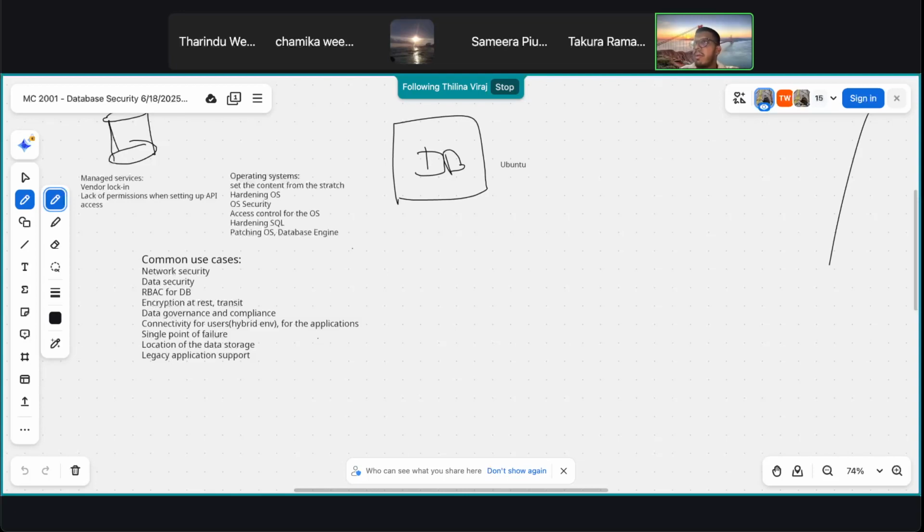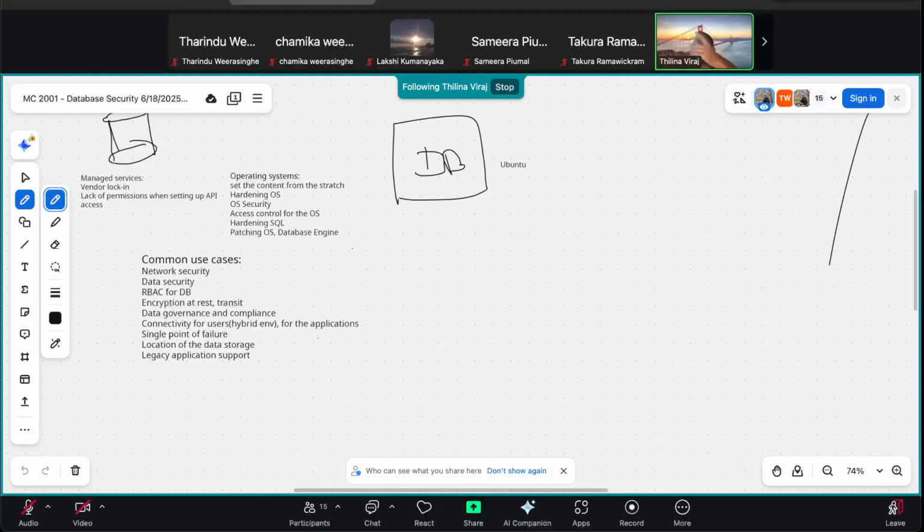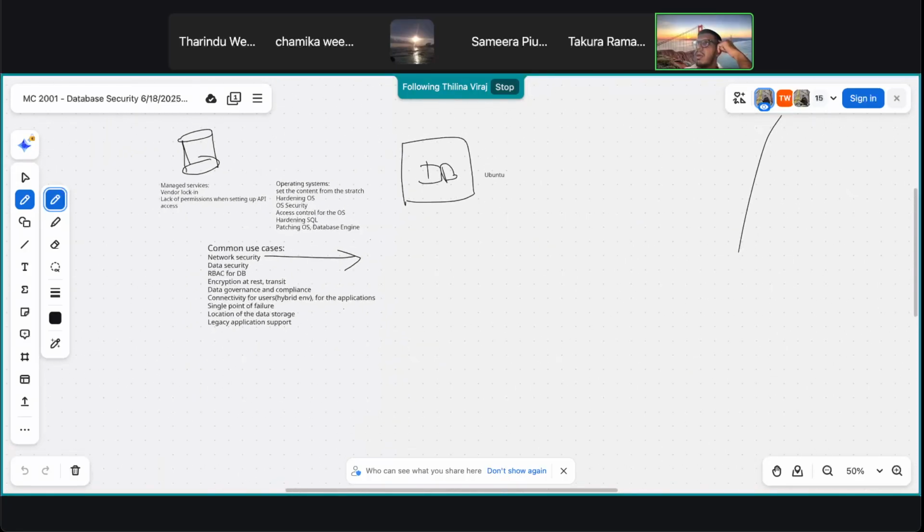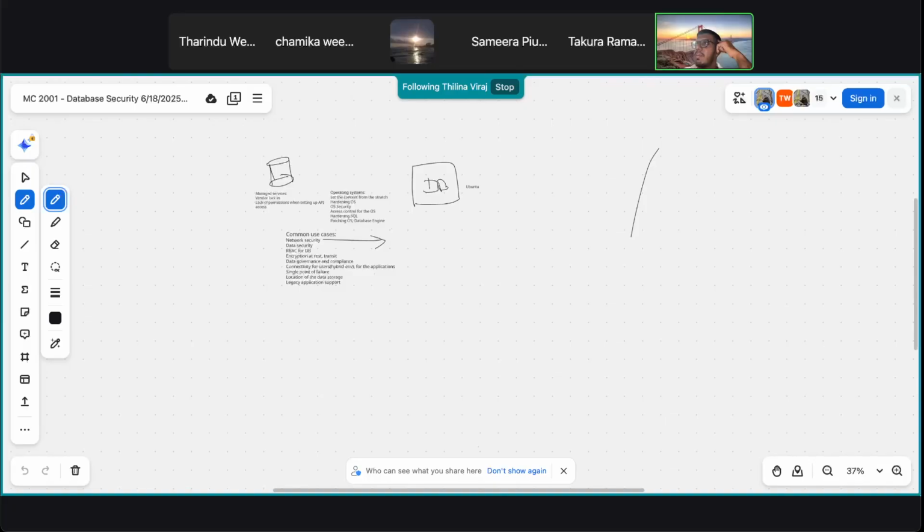So let's start from common issues. The network security, why I have put this network security in here. So the reason for that is like this. Now imagine you put this database in a virtual private cloud environment, right?